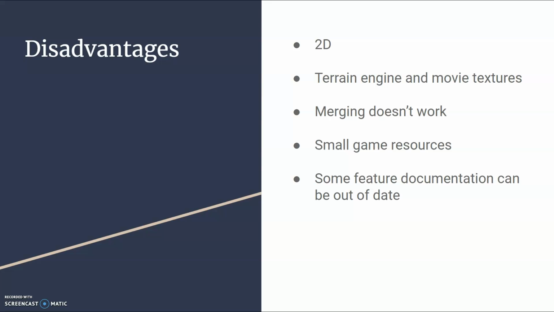Terrain engine and movie textures. I'm not too certain about movie textures, as I haven't really looked into using that myself, but it's considered to be a bit of a weakness for Unity. Terrain engine though, I can definitely confirm, because when I first started creating my game, I was looking to use a terrain for the ground.